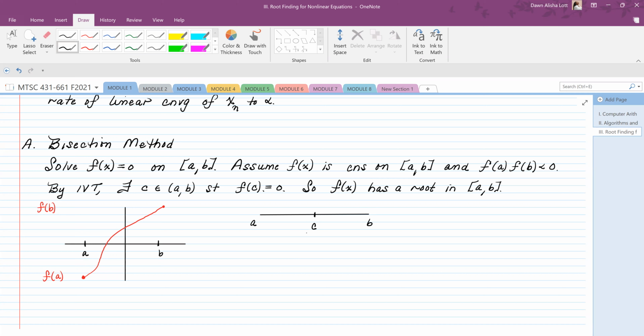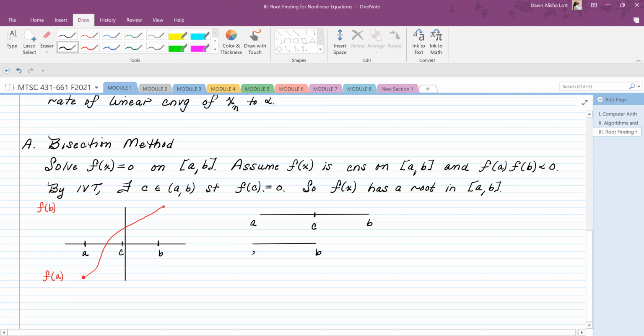So if I divided this interval into two, it might be somewhere right about here. And when I do that, I see that my root is between A and C. So therefore, I'm going to redefine B.